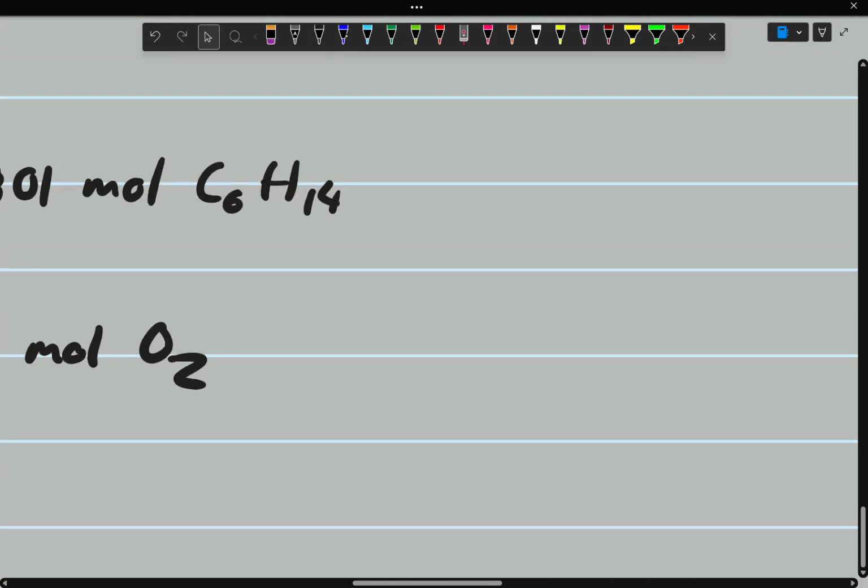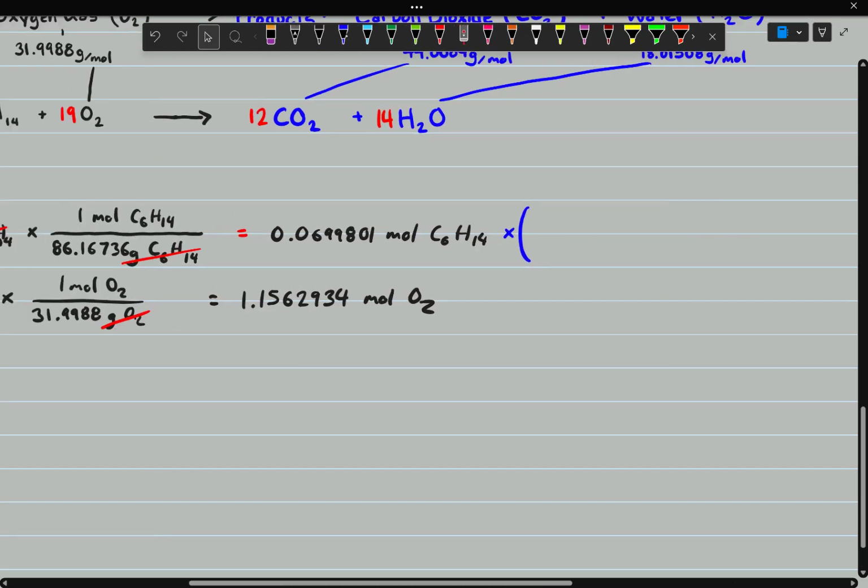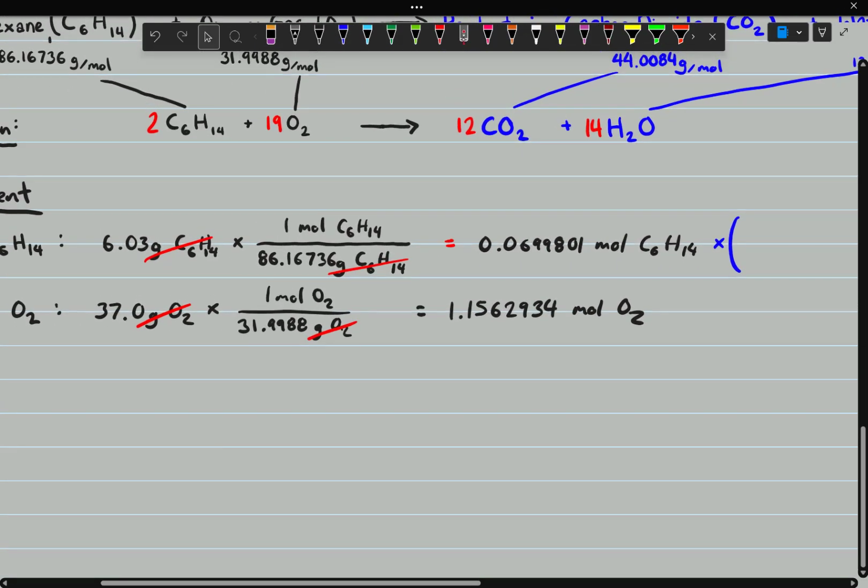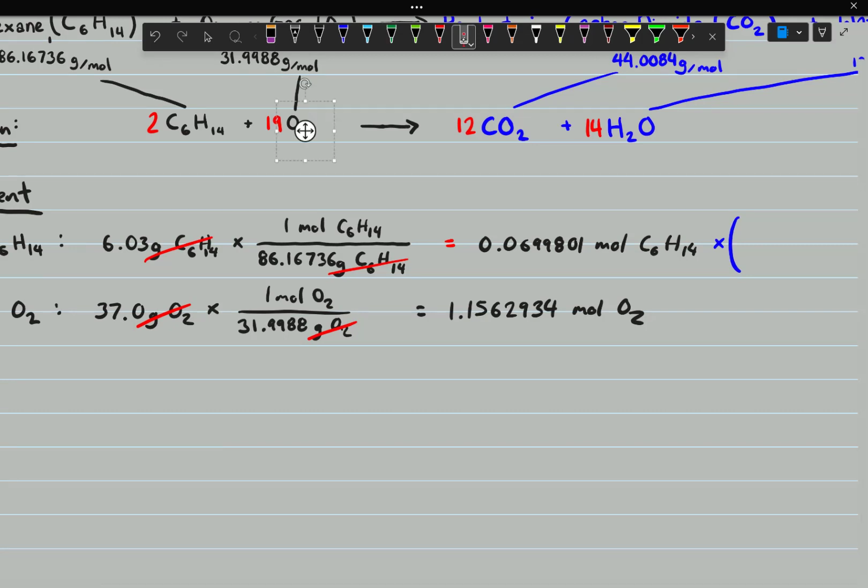We can then use the molar ratio that we found in our balanced equation. We have 19 moles of O2 for every 2 moles of hexane.